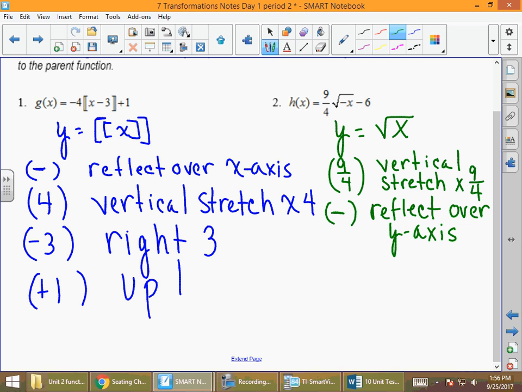One more transformation, the minus 6. Minus 6 is on the outside of the function. And the minus 6 tells us that we're going to move down 6 spaces.